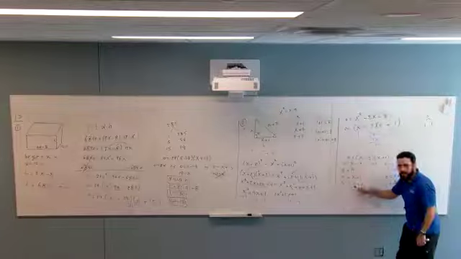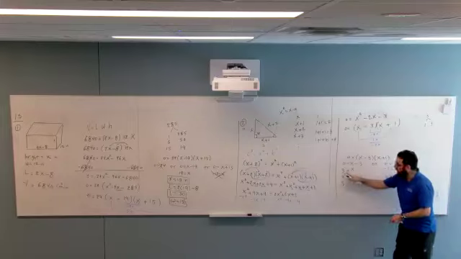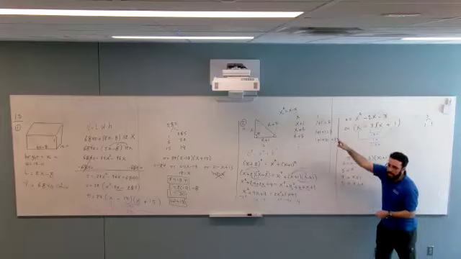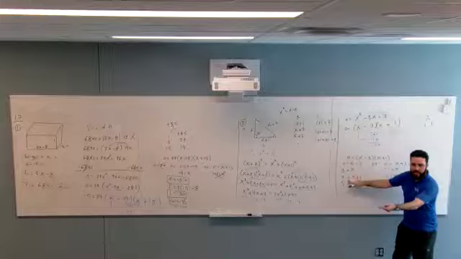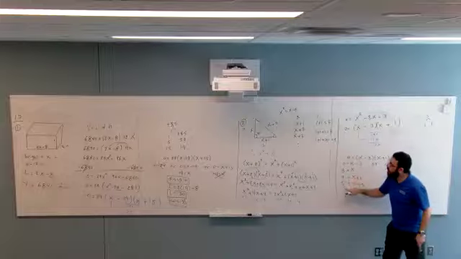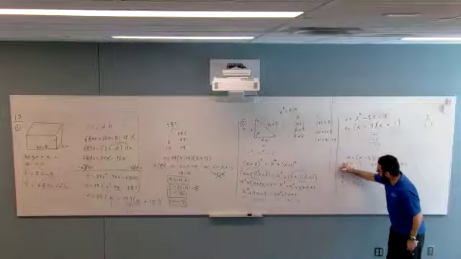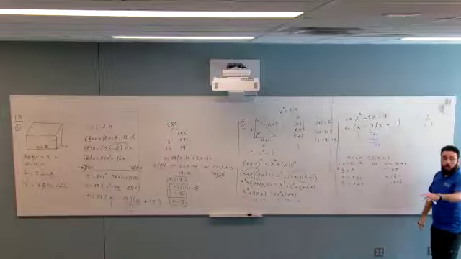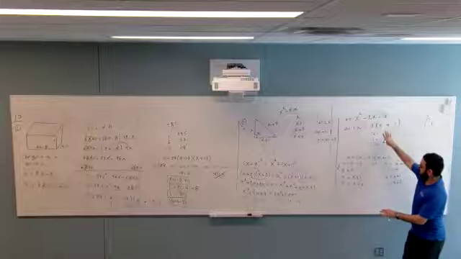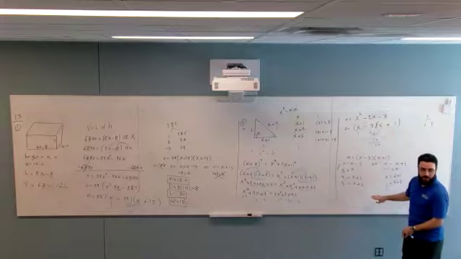Still 3 consecutive integers, and it makes more sense. Let's say x is the height, x plus 1 is the base of the triangle, and this one is going to be the third side. You got it? That's why we're going to go only with this part. When you're doing the test, if you gave me the whole thing, I'm going to give you full marks.